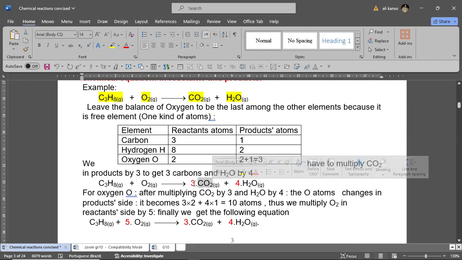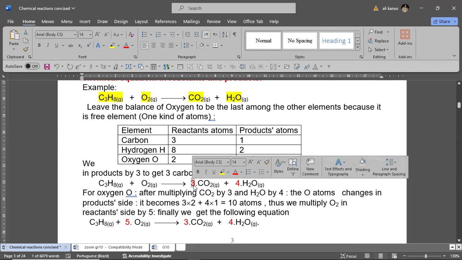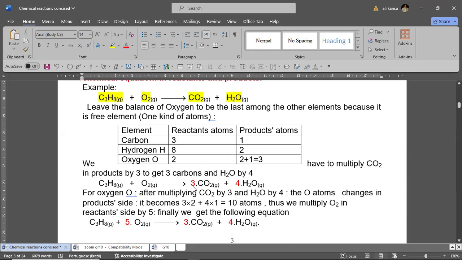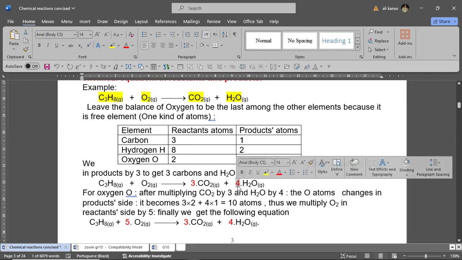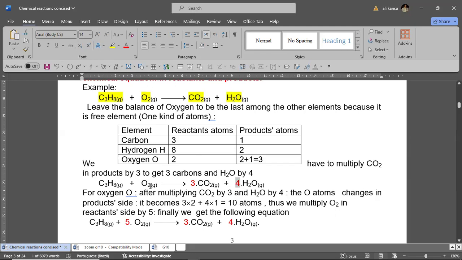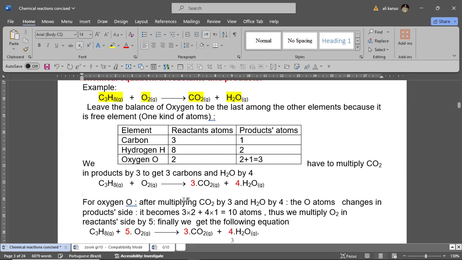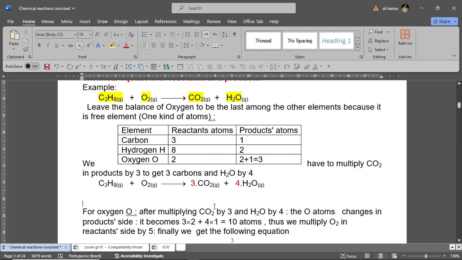Only the number of atoms changes, the coefficient number. Then we multiply by 3. Then H: C3H8 has 8 hydrogens. We have 2 here, so we have to multiply by 4. 4 times 2, we get 8. Finally, we have to count the oxygen in order to balance it. How many oxygens do we have?